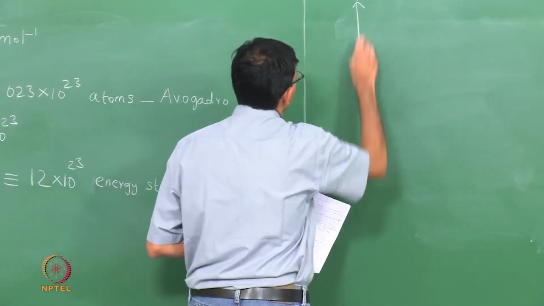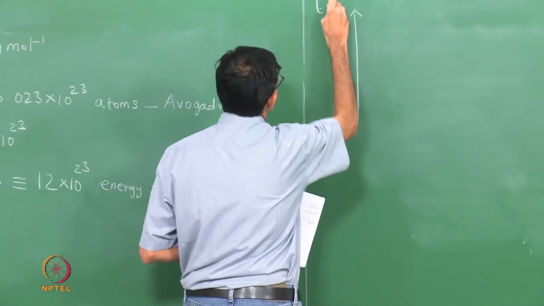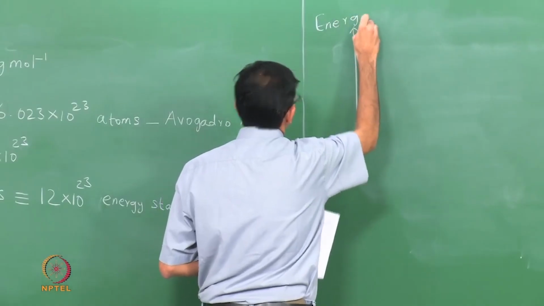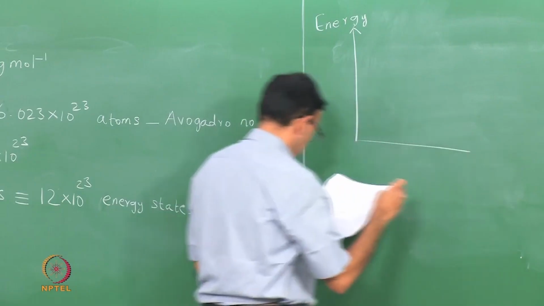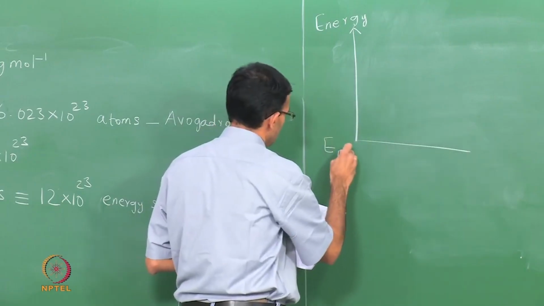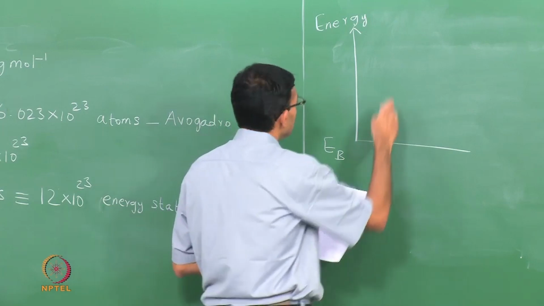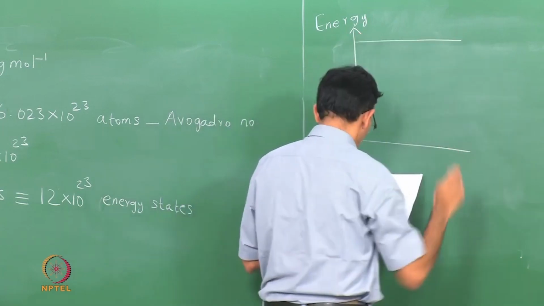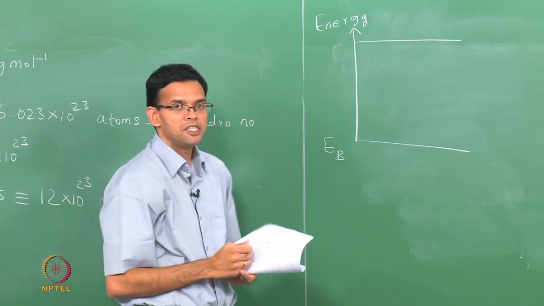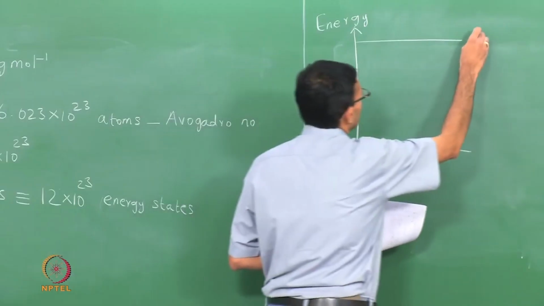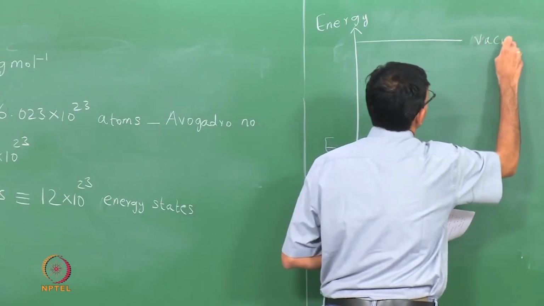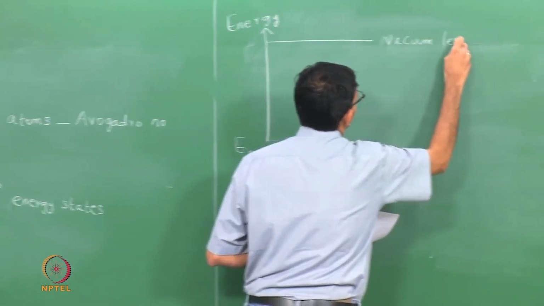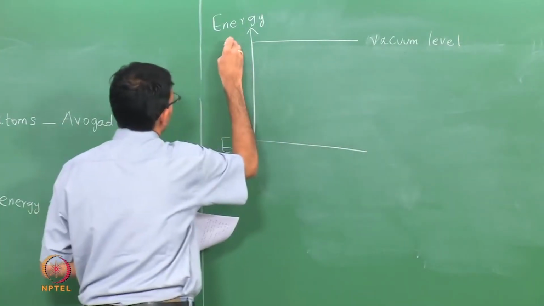So, in this case your energy is on the y axis, we reference an energy level called 0, which is the vacuum level. So, let me call this the vacuum level, and this has the value 0.